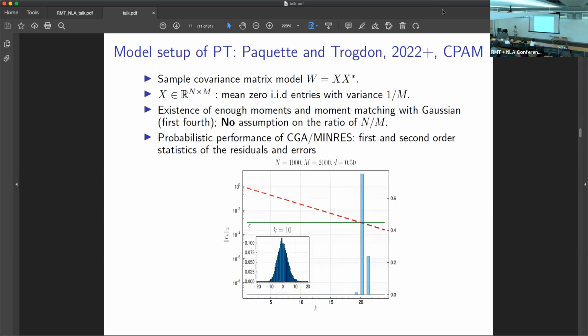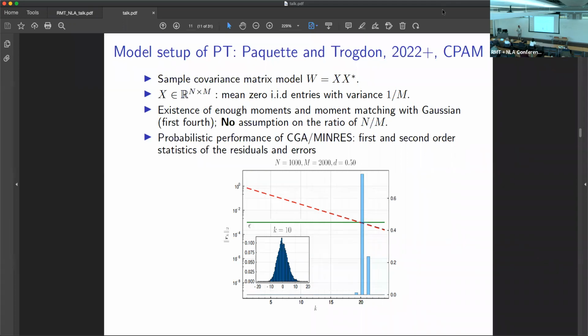The model is the simple covariance matrix X X transpose, where X is a big N times big M matrix, with entries of mean 0 normalized by 1 over n. They assume all the moments exist, and in addition the first 4 moments have to be the same as those of Gaussian random variables.